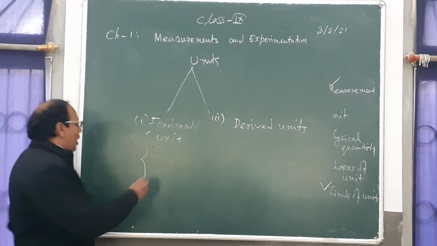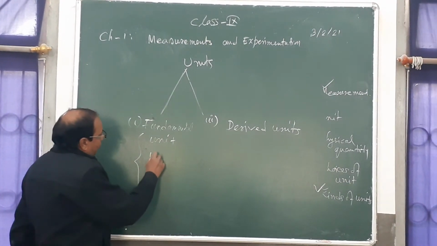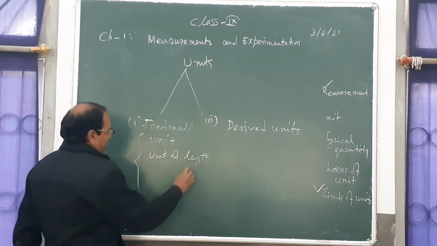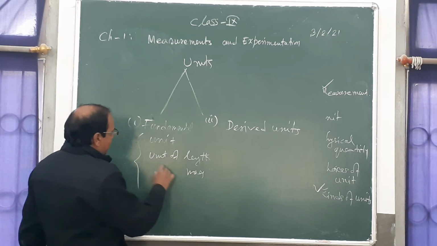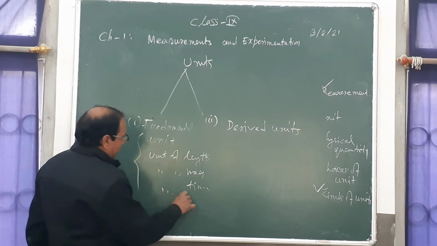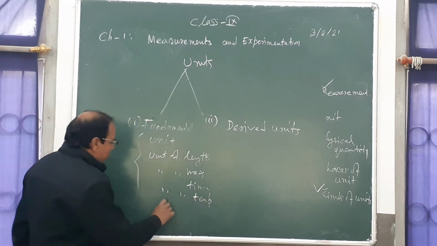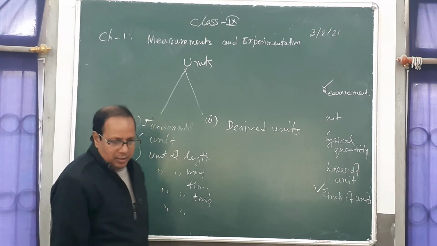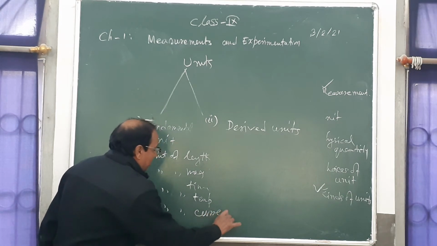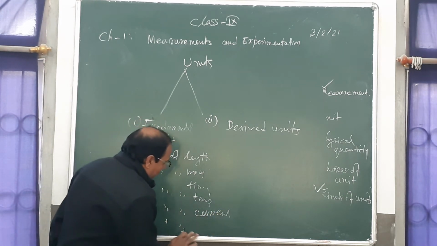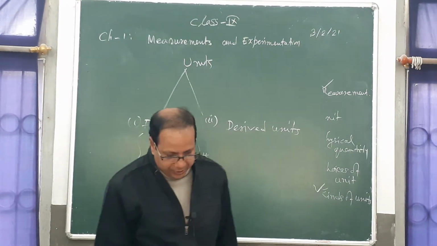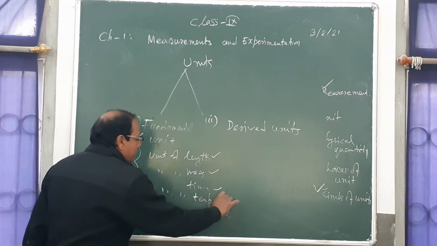The fundamental units are unit of length, unit of mass, unit of time, unit of temperature, unit of current, unit of amount of substance, the mole, etc. So all these units are independent of each other.